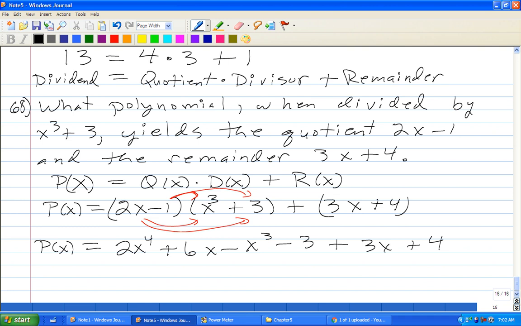And so this is equal to 2x to the fourth minus x cubed plus 6x plus 3x is plus 9x plus 4 minus 3 is plus 1.